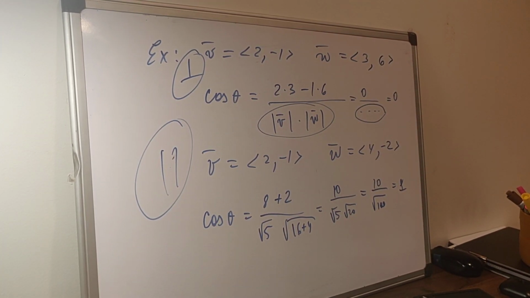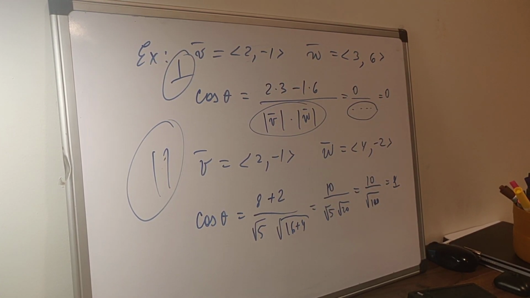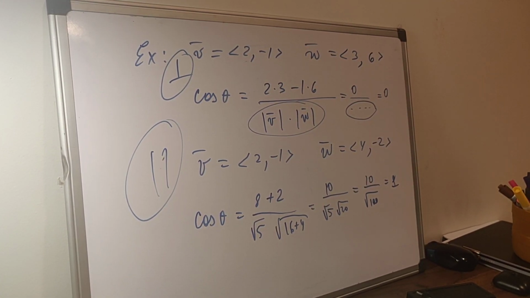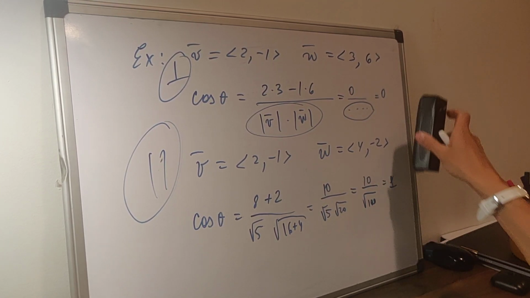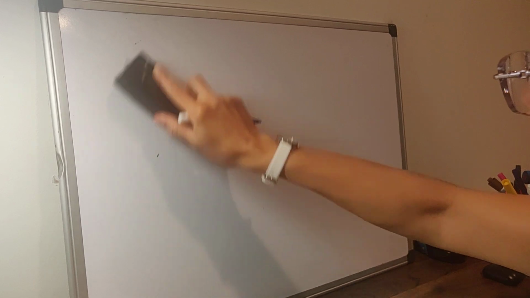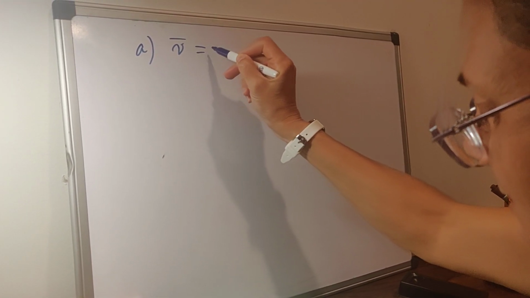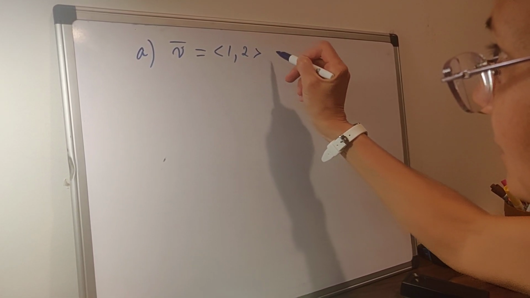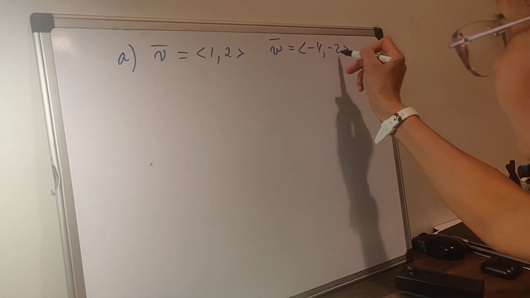Okay, now I'm going to put two problems for you to do on your own, and I'm going to put solutions after. So I'm going to give you two pairs of vectors, and the question is to find whether they are parallel, perpendicular, or neither. Case A, v equals 1, 2, and w equals -4, -2.